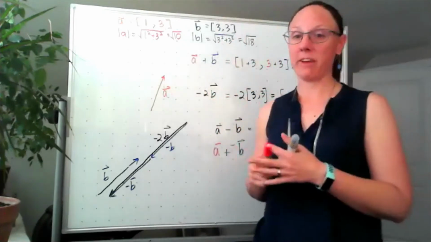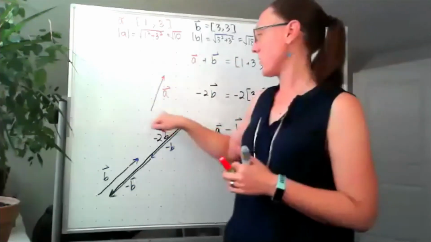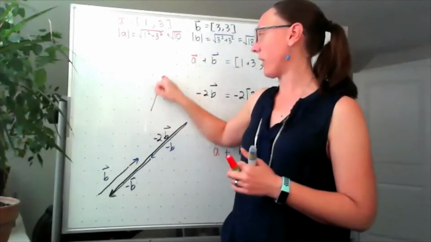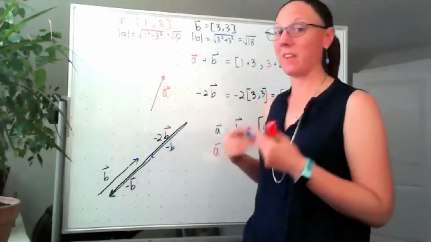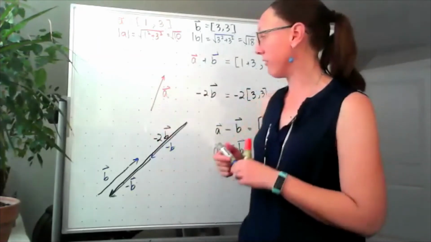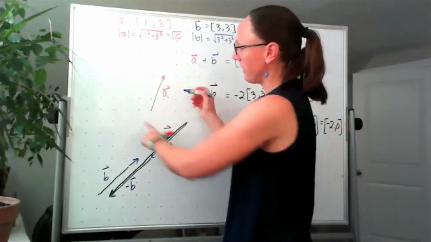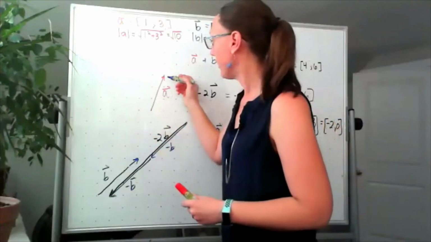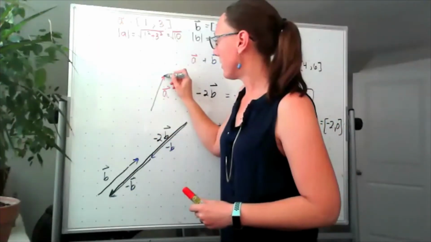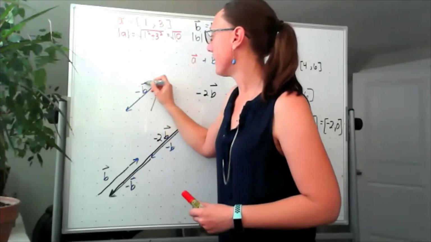And it's the same vector as long as it has the same length and the same direction. So I'm still over 1, up 3. It's got the same length, same direction. So if I take a and I add to it -b, well, -b was going down 3 and 3 to the left. So -b looks like this.